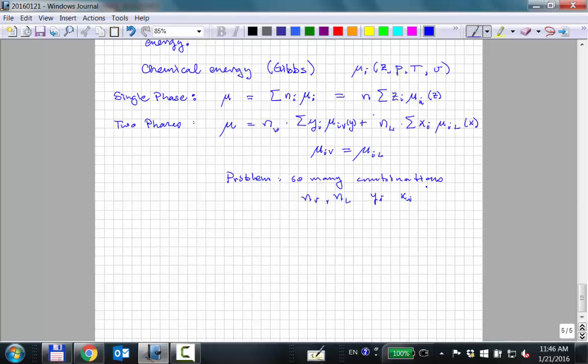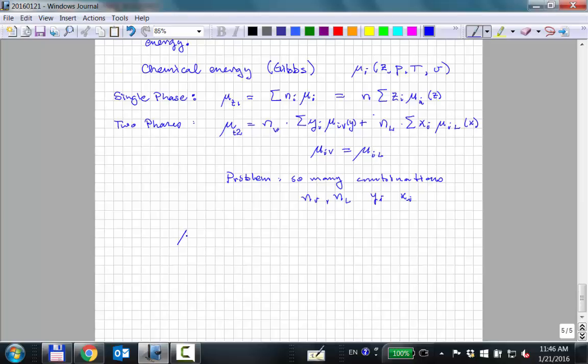So we're going to call this two-phase total energy, and this is total energy for single phase and two phase. So this is how you calculate for two phases.